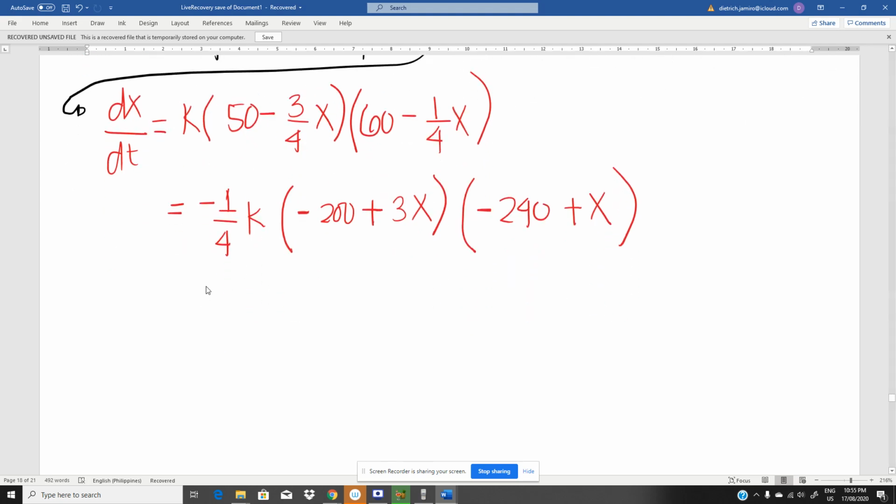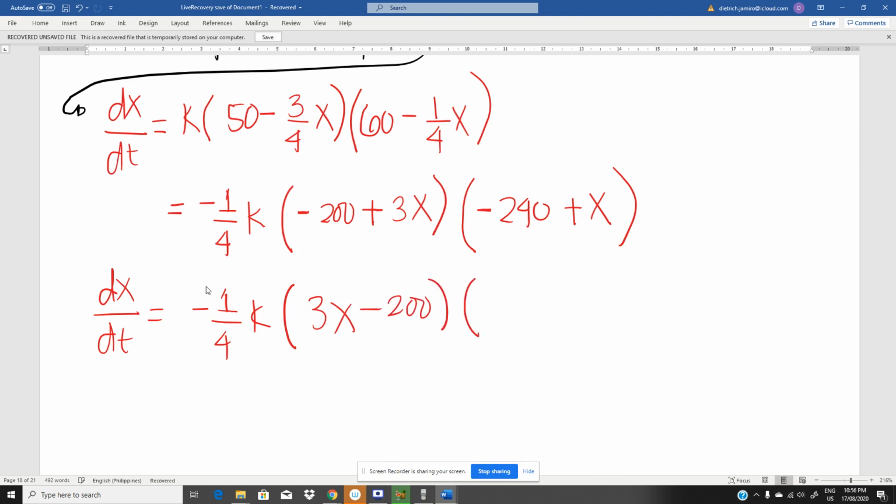So we will have dx over dt, rearranging it: negative 1/4 k multiplied by (3x minus 200) multiplied by (x minus 240).